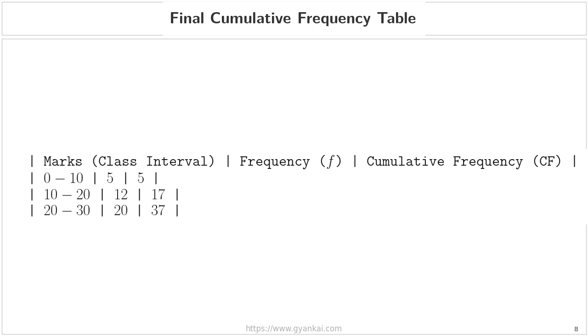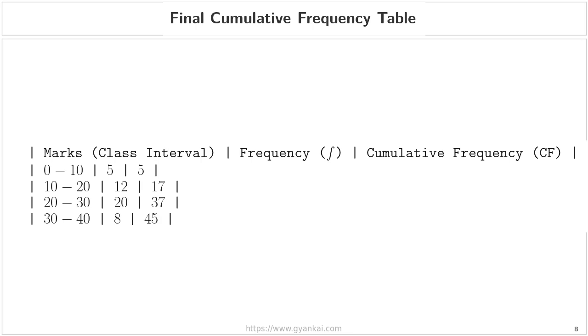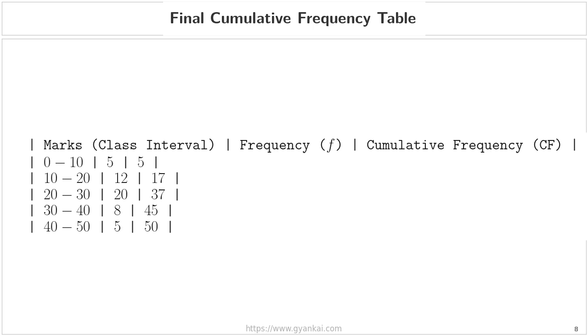In the third row, for the 20 to 30 interval, we add the 20 students in this group to our running total of 17, which brings us up to 37. For the fourth row, the 30 to 40 interval, we add the 8 students to our previous total, reaching 45. And finally, for the fifth row, the 40 to 50 interval, we add the last 5 students, which brings our final cumulative frequency to exactly 50.